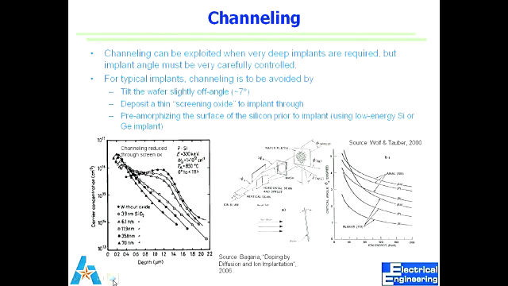Then diffusion. Channeling is something which you are looking at. We can avoid it by giving an angle to the wafer. Channeling is also reduced by putting a screening oxide. Scattering them before they get to the substrate can reduce channeling, because instead of falling straight down, they will have much more deflection before they settle.